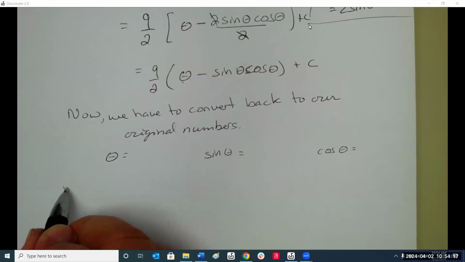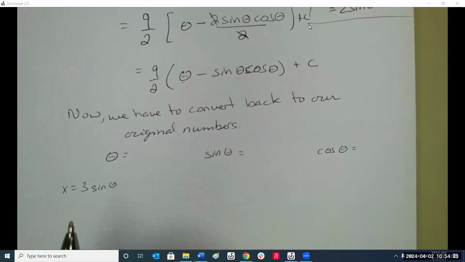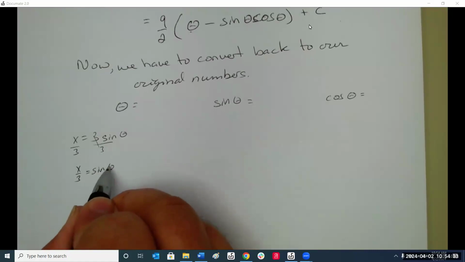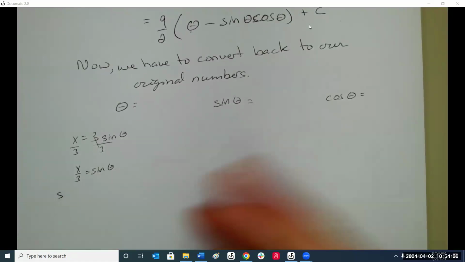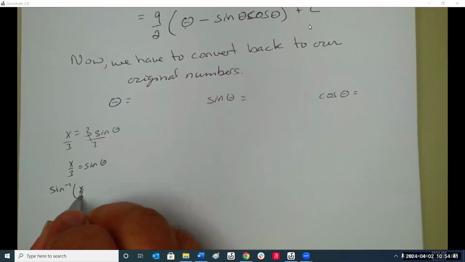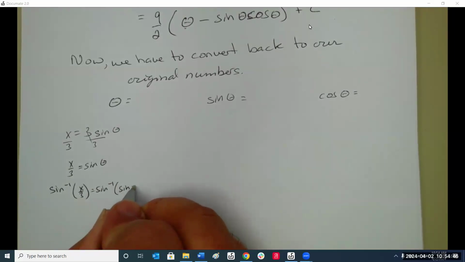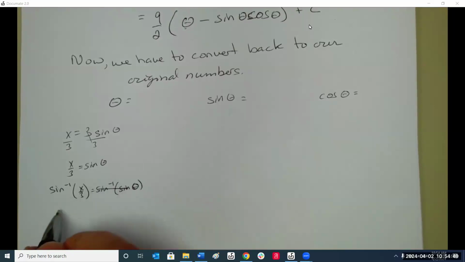We know that x is equal to 3 sine theta, divided by 3. And then take the inverse of both sides. So theta is equal to the inverse of sine x over 3.